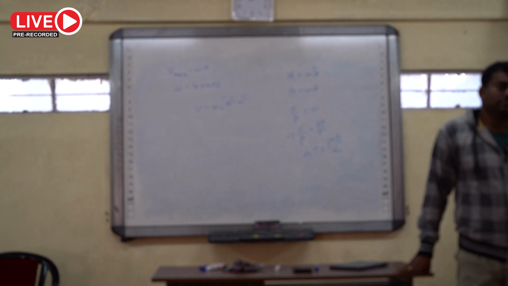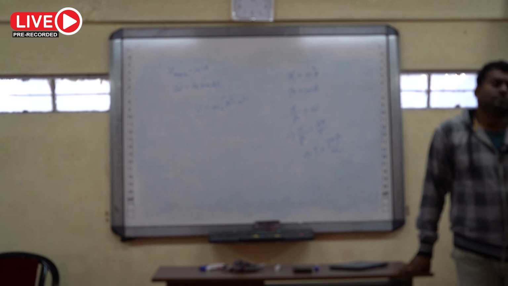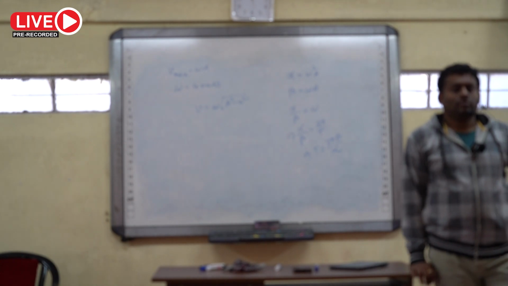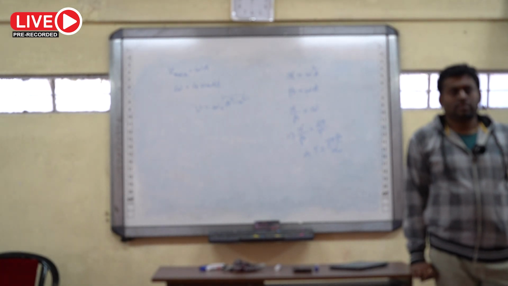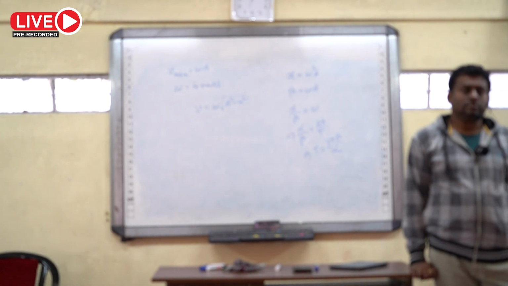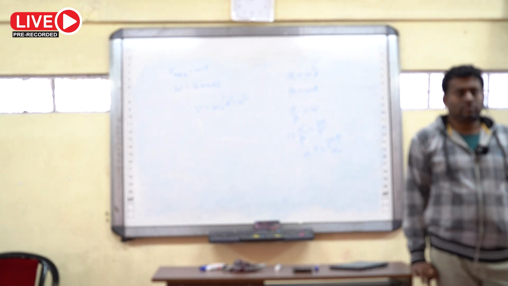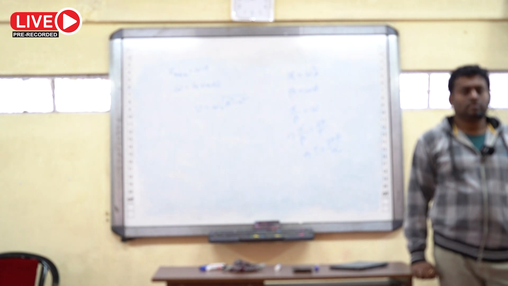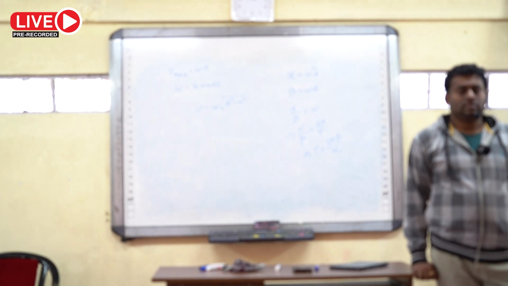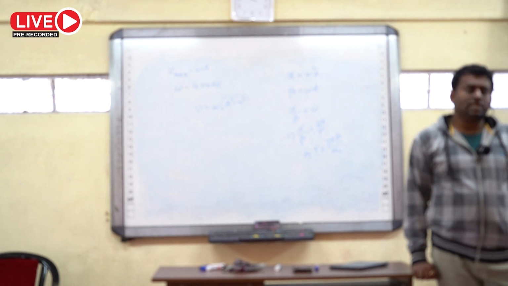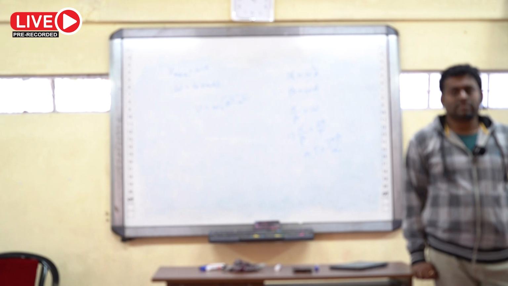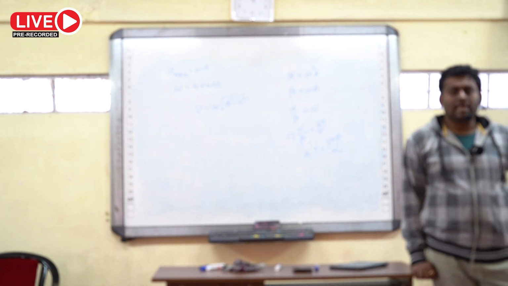If its mass is m and velocity at a position is v when its potential energy is kx square.